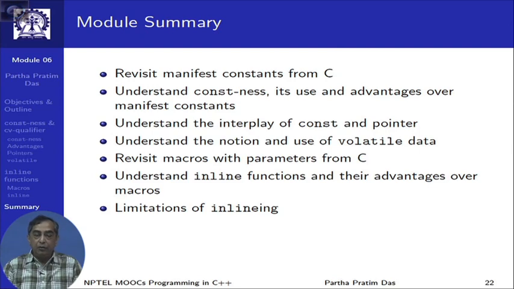We have introduced the notion of volatility of data and seen how volatile data can be used in a C++ program. Next, we have revisited macros with parameters from C and shown how inline functions, or function inlining, can be used with advantage in place of macros, which solves a number of syntactic and semantic problems that macros offer. Finally, we have also looked at the restrictions on inlining.